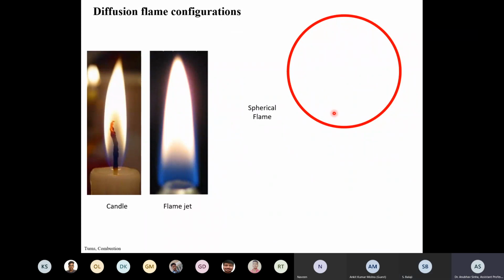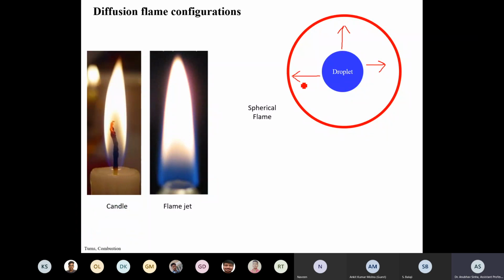I'll tell you a simpler configuration. Have you heard of droplet evaporation? A fuel droplet, for example diesel. We can have droplet evaporation, where we burn droplets in the form of sprays. This is in a hot ambient, so the droplet will evaporate and the vapor will go out.